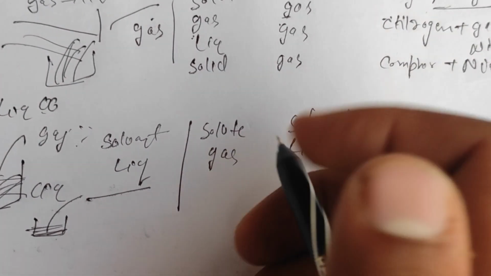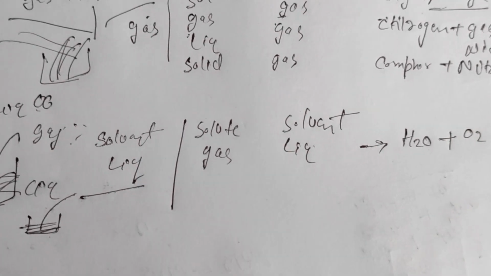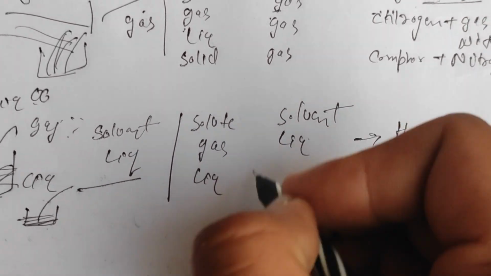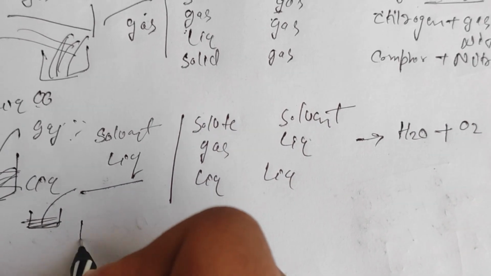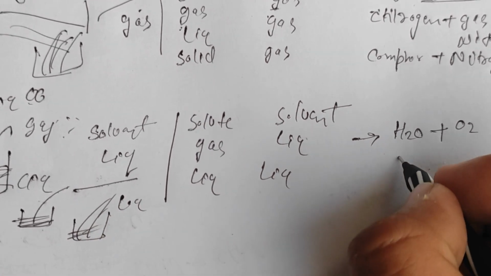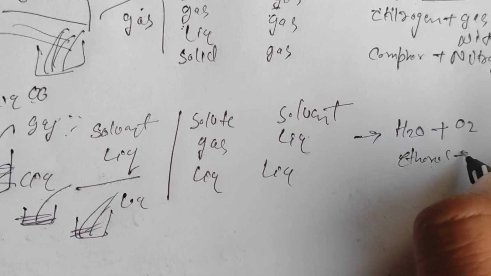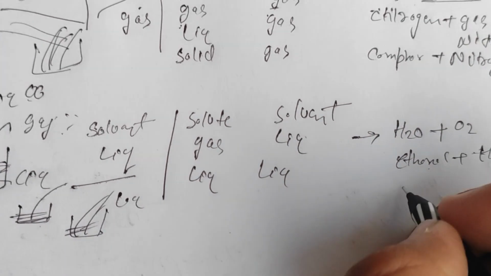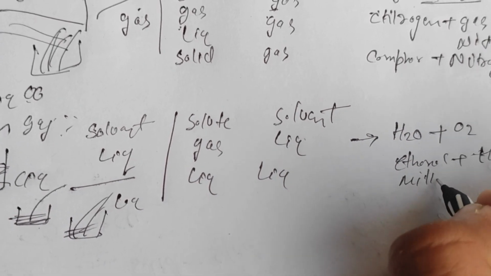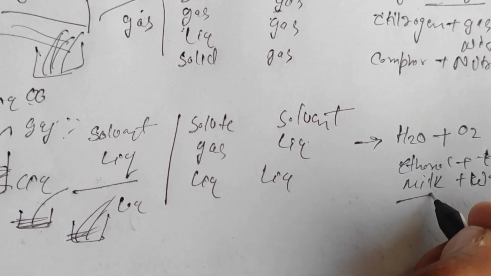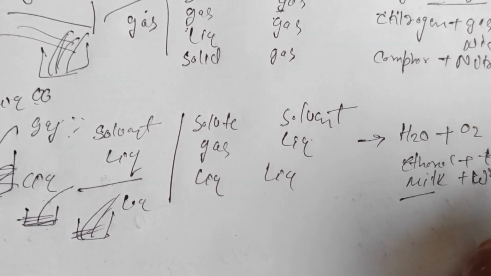The next case is solute liquid and solvent again liquid. For example, ethanol plus water, or milk in water, where milk is in the solute form and water is the solvent.